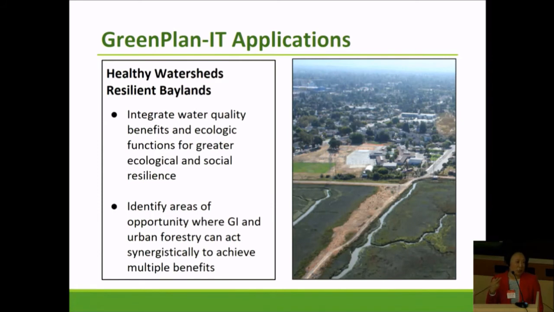Basically, we're going to use the tool to find opportunities where green infrastructure can work together with urban forestry, urban trees. To achieve more benefit, we're hoping we can quantify how much hydrologic benefit urban forests can provide, and maybe some bioretention can provide some ecologic benefit as well.